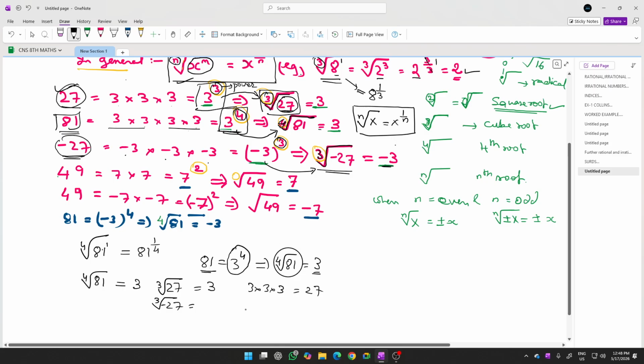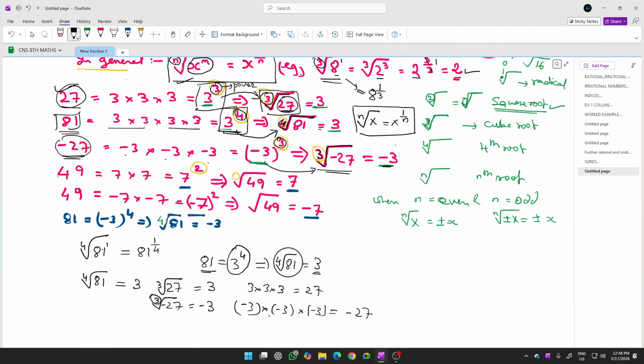So ask yourself a question: what is a number which multiplied 3 times will give you minus 27? The answer is minus 3 into minus 3 into minus 3. If you multiply minus 3 three times, you get minus 27. Therefore, cube root of minus 27 is equal to minus 3.